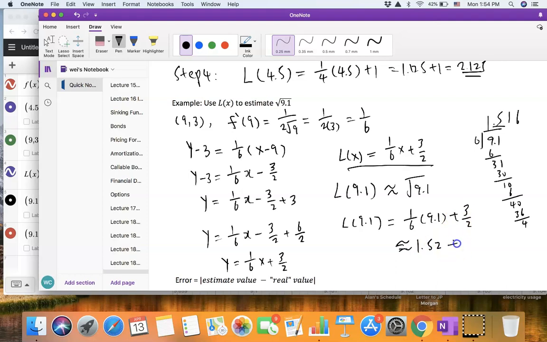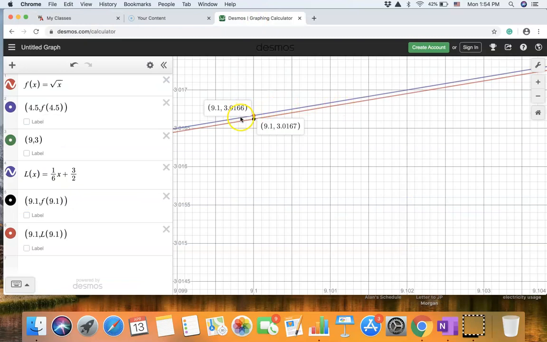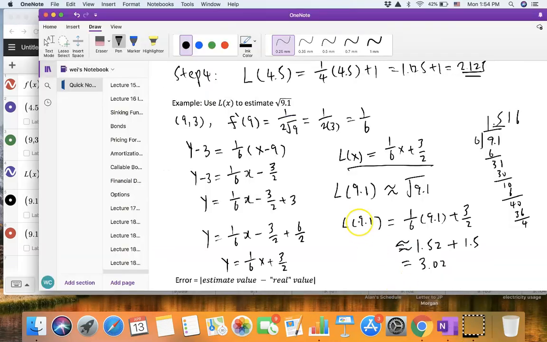And 1.52 plus 3 over 2, which is 1.5. So the square root of 9.1 is around 3.02. Right? It's around 3.02.